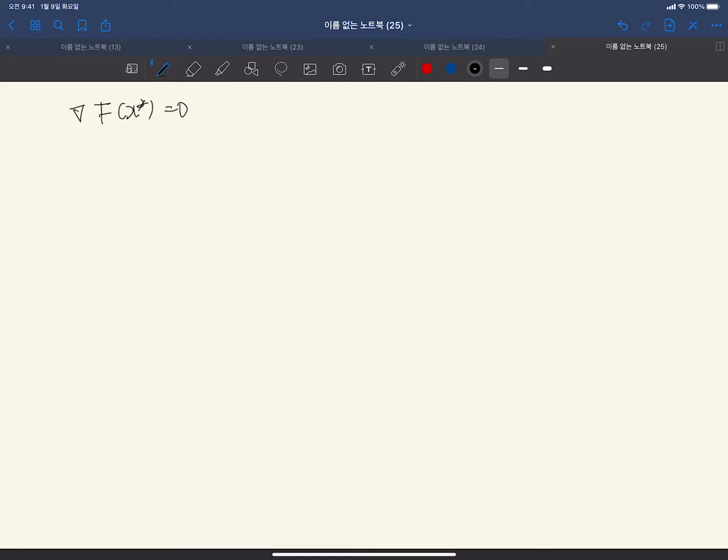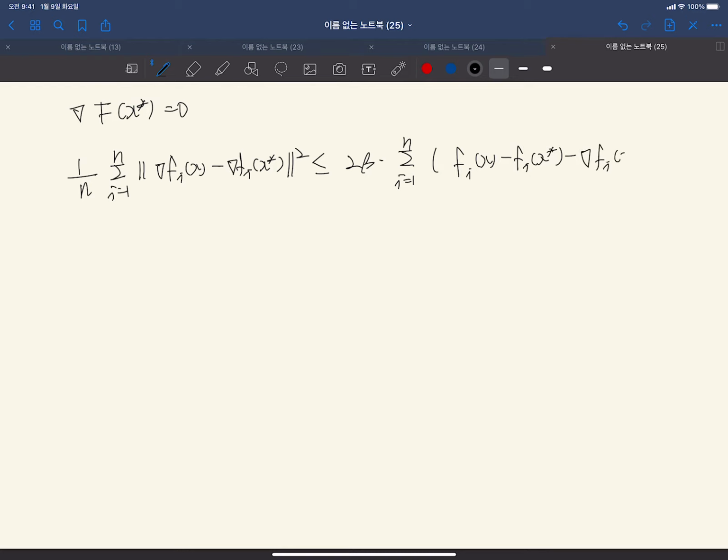Okay, so from this, when you sum up all the norm squared of the gradient of f_i(x) minus the gradient of f_i(x star), like this, from the previous inequality, we have 2 beta times the sum from i equals 1 to n of f_i(x) minus f_i(x star) minus gradient of f_i(x star) transpose (x minus x star), and the sum of the gradient of f_i(x star) is equal to 0.